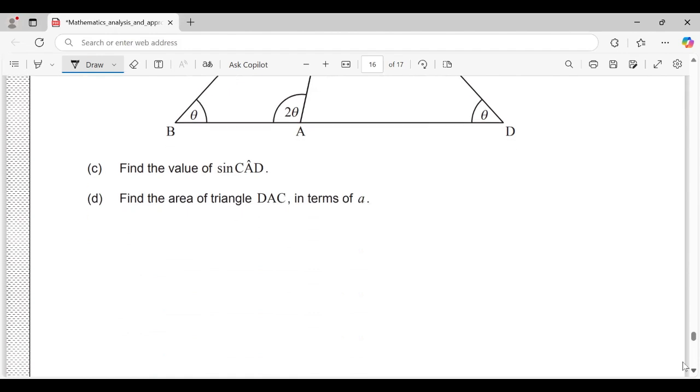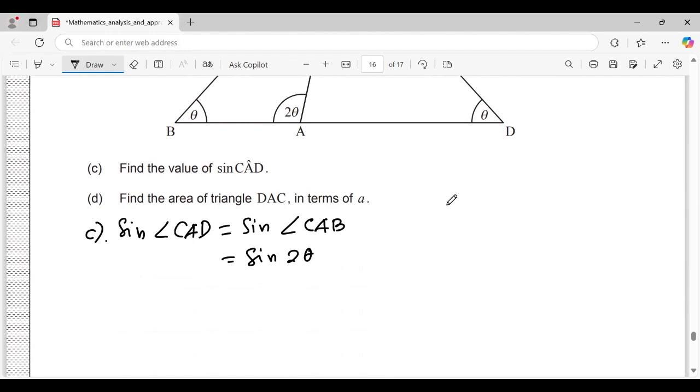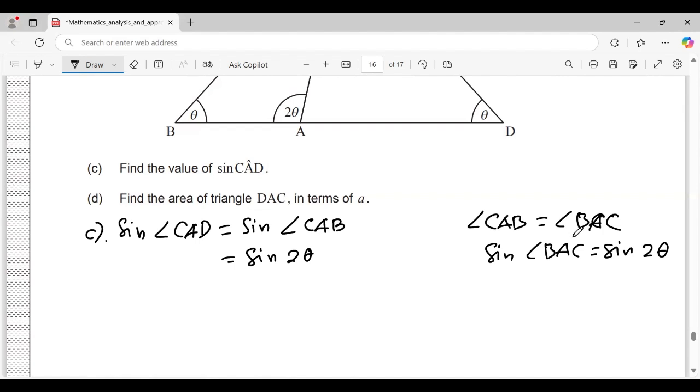This is part C. If sine angle CAD equals sine angle CAB, and angle CAB is the same as angle BAC, then sine angle BAC equals sine 2 theta, because BAC equals 2 theta from the previous problem.